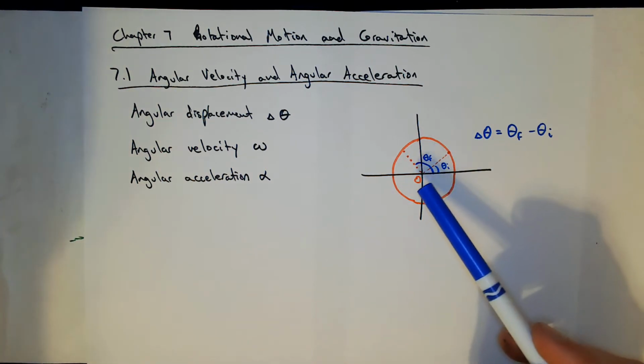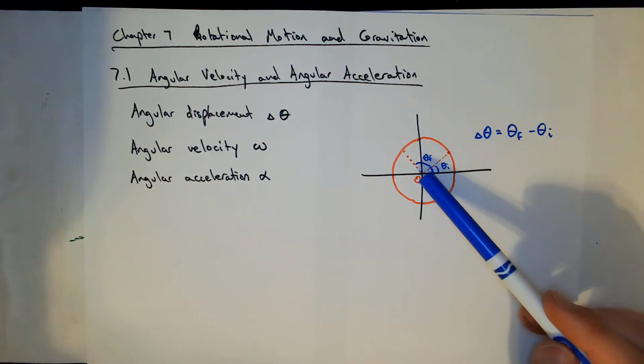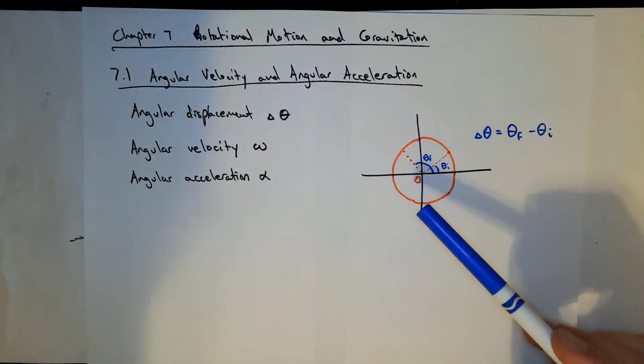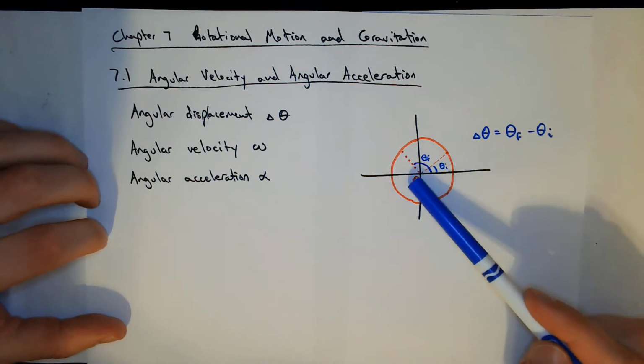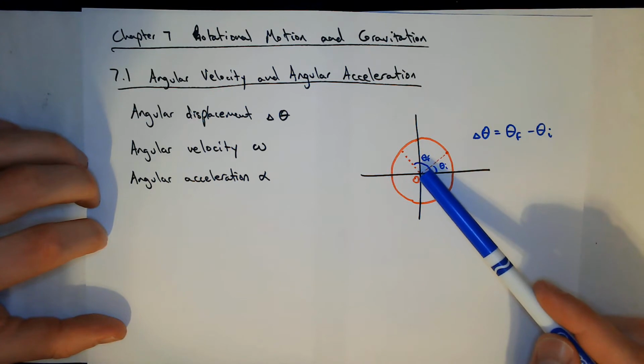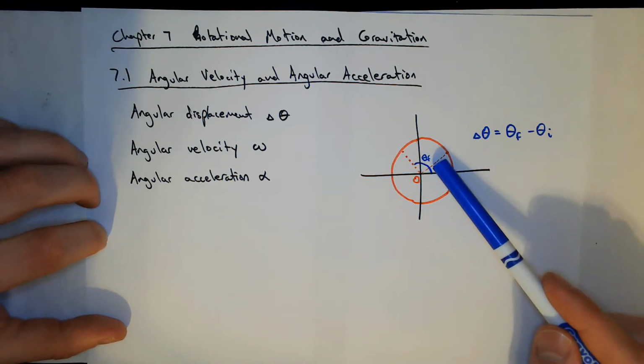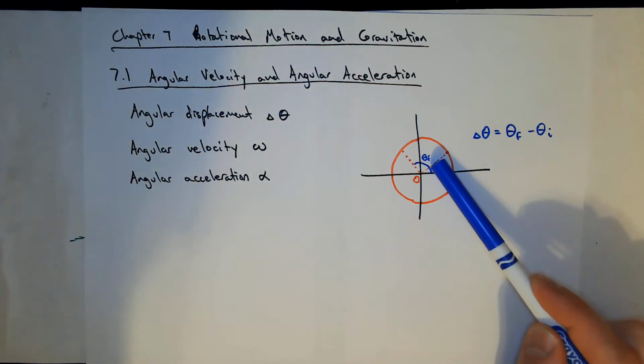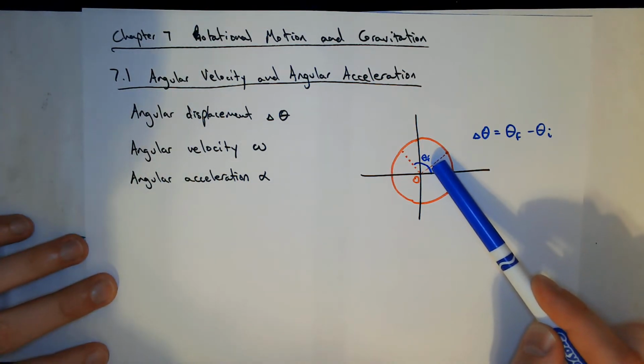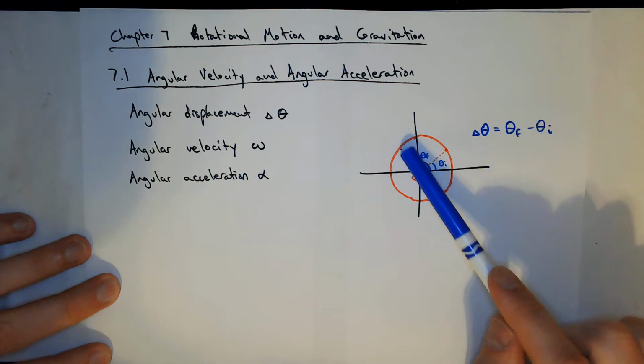Every point on this disk along this reference line that I've drawn for theta i, this red dashed line here, will have the same angular displacement as it travels to this new reference line.